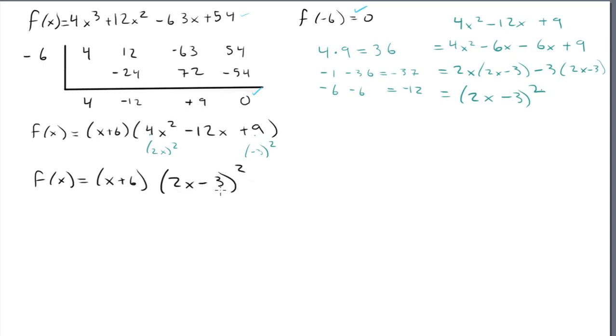This has a 0 when 2x minus 3 is equal to 0, when 2x is equal to 3, or x is equal to 3 halves. That's when we have a 0. So our graph is going to look a little something like this. We've got one root out here at -6, and another root out here at 3 halves.